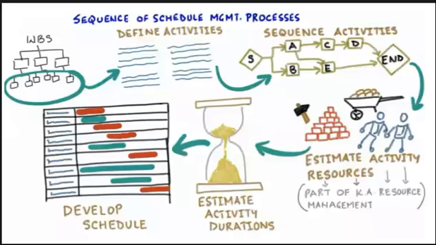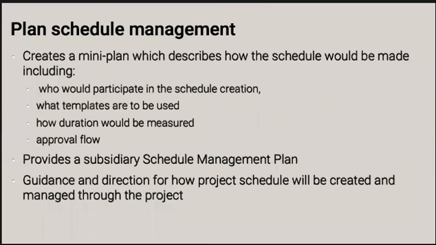Now, as always, we're going to start with some subsidiary plan, a mini plan that will inform the project team how the schedule would be made in this project, who will participate in making it, what template documents are supposed to be used, what unit of duration of time measure is to be used, what kind of thresholds for variances would be used, who would approve it, who would review the project, what's the frequency for the schedule control, and so on and so forth.